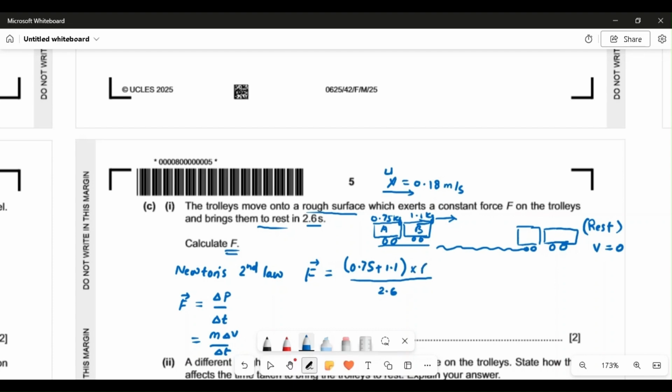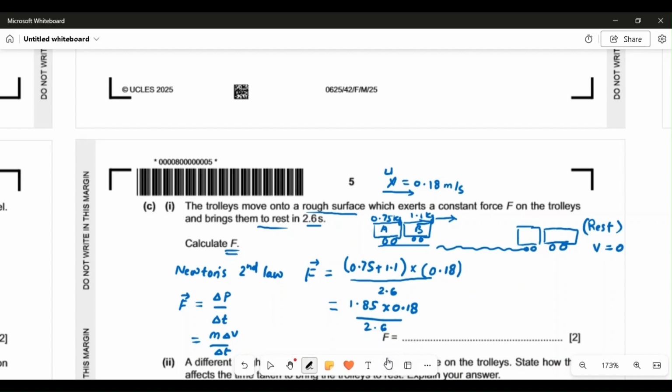The change in velocity is 0.18 meter per second to 0, so that is 0.18 meter per second. Now this changes to 1.85 times 0.18 divided by 2.6.